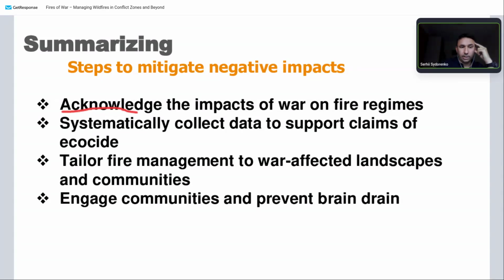So it is very important to have a clear methodology for how to prepare this data collection to support the claims of ecocide. And we also believe that this research will contribute to it a lot. So we will provide some kind of harmonized methodology that can be applicable for other countries as well, not only for Ukraine. So we're doing some kind of zooming out.